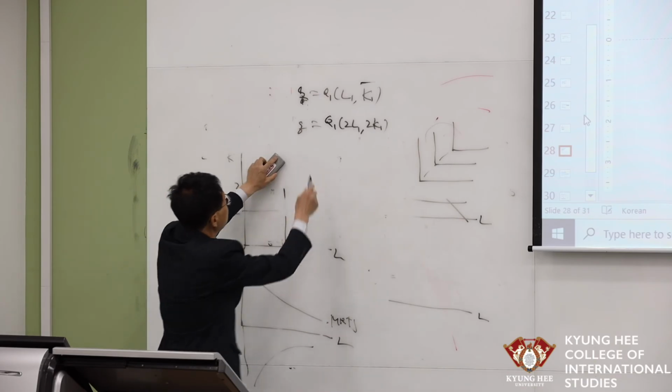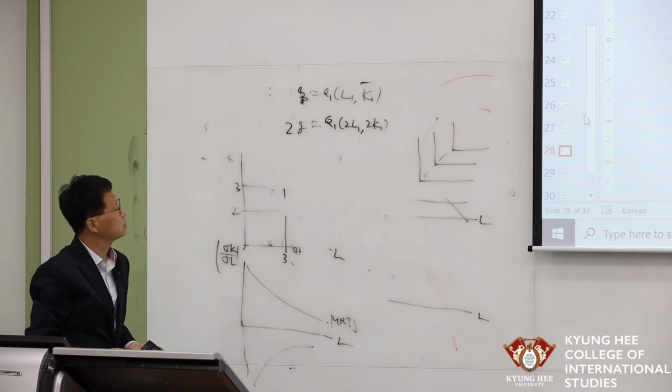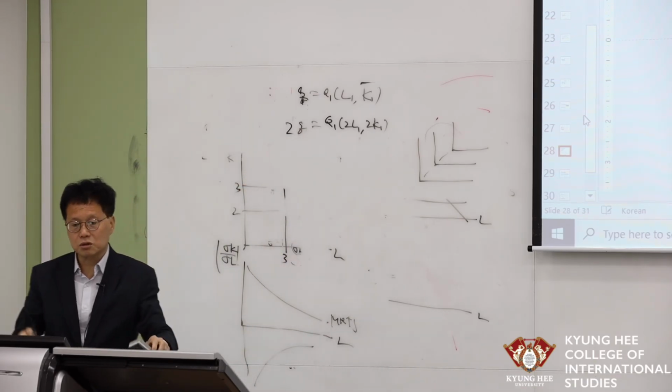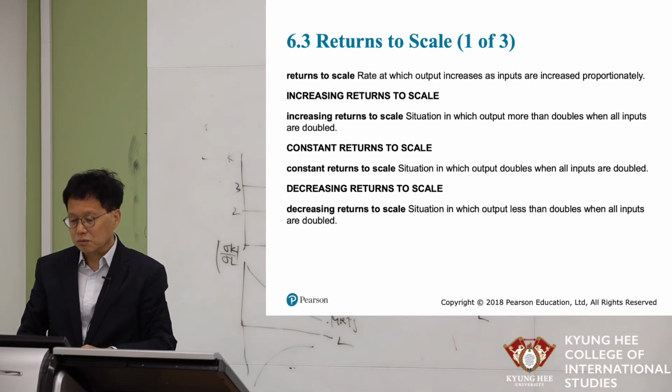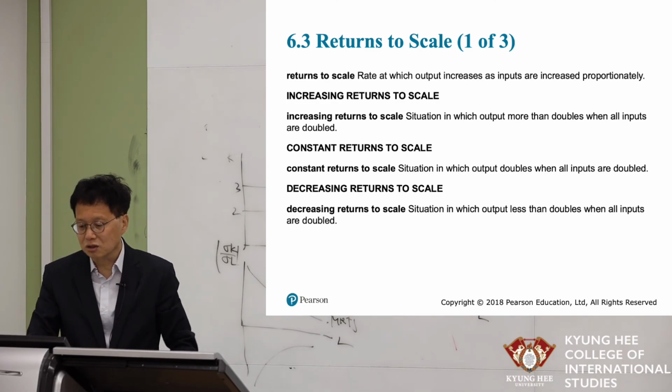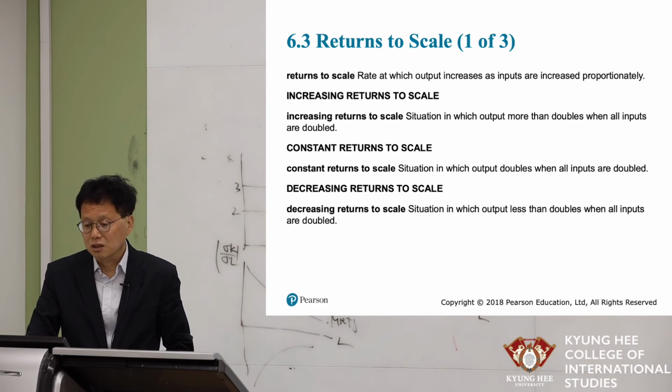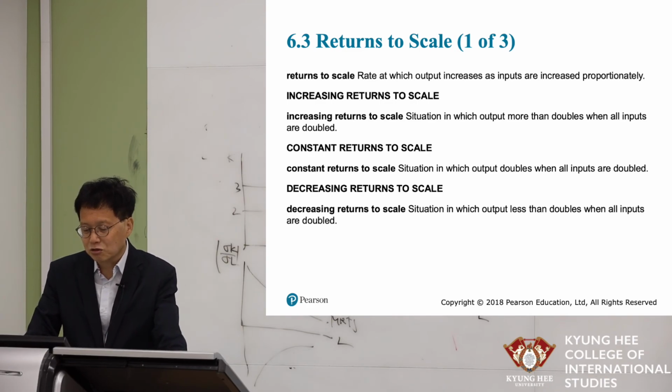Constant returns to scale, that kind of thing happens: input doubled, output also increased proportionately. So if we look at long-term data of capitalist development, we can find a sort of increasing returns to scale. That is also related to technological change.